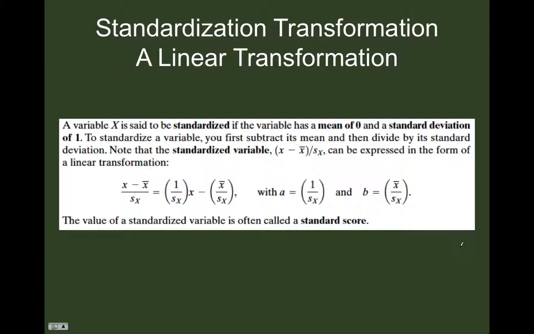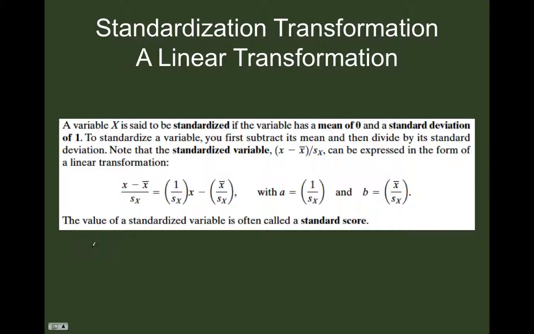Now I want to talk a little bit about this standardization transformation, okay? And it's something we call a linear transformation. So I'm going to take a minute and talk about that. Now I was using mu and sigma, and it turns out there's really 2 different versions of this formula. The standardization transformation comes up in Chapter 5, right before Chapter 6, which is where the normal distributions are discussed.